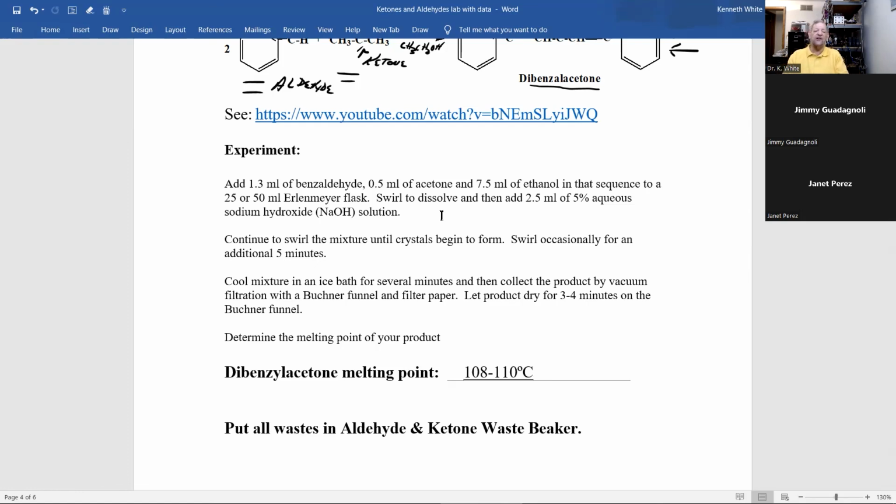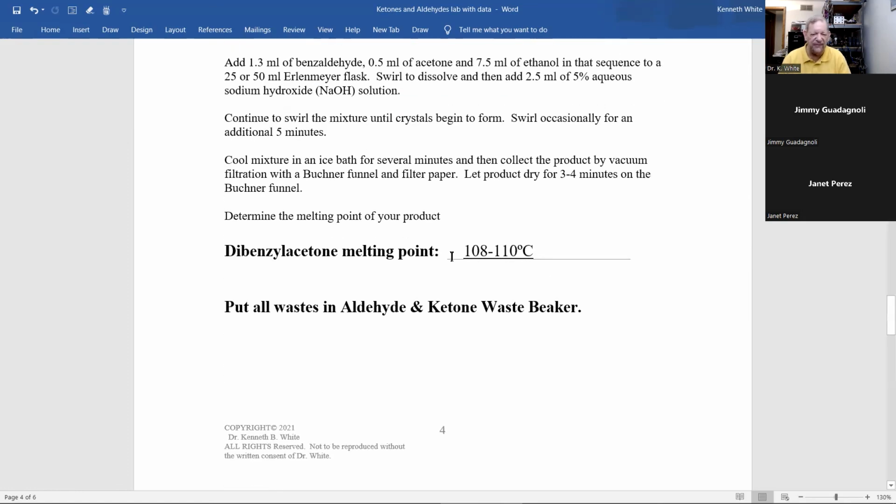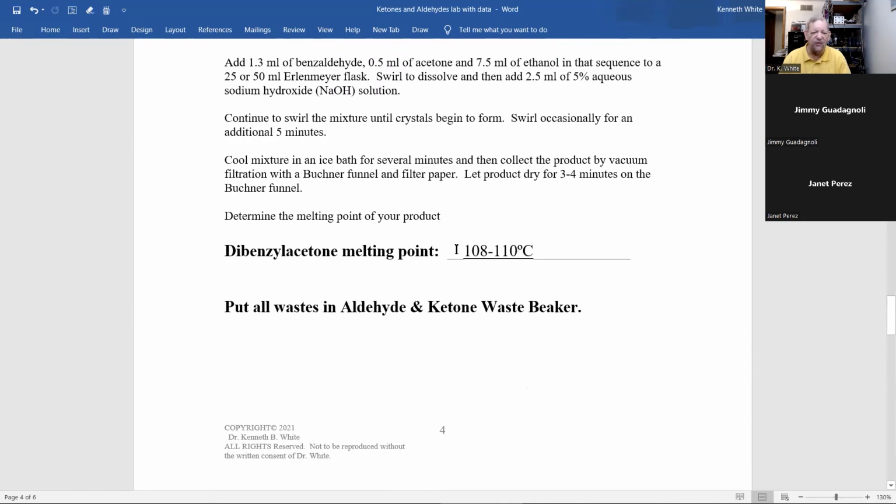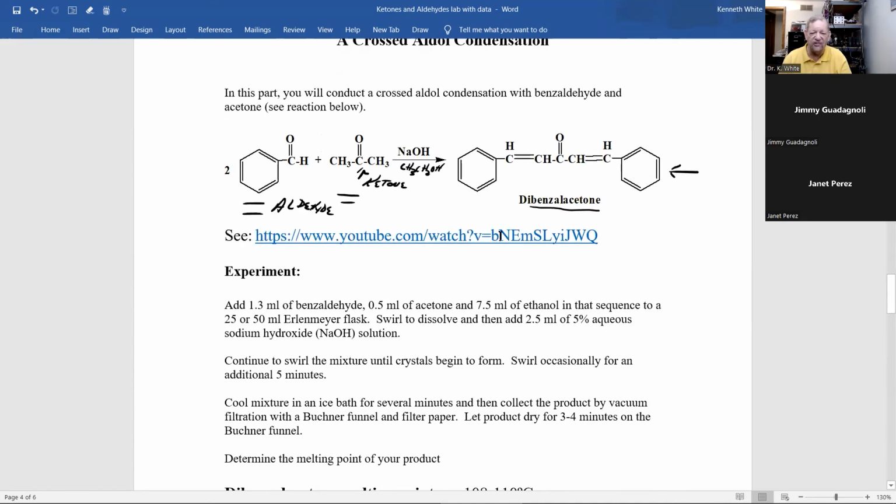And then we collect it on a Buchner funnel and do the melting point. And the melting point is this, which is essentially the melting point of dibenzyl acetone, but a little wider, a little lower, not much. Now let's look at this video.